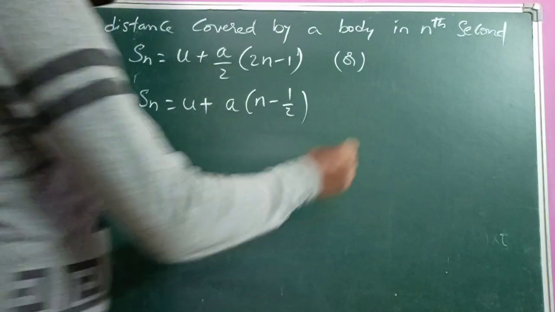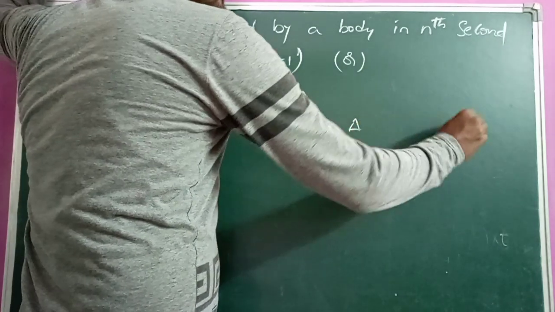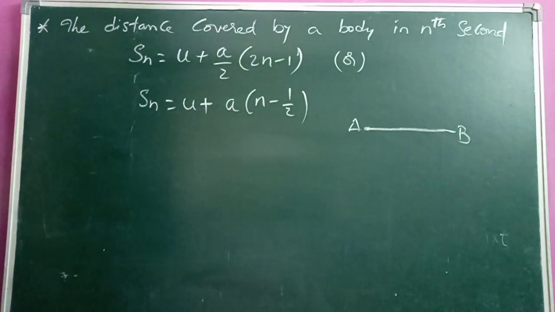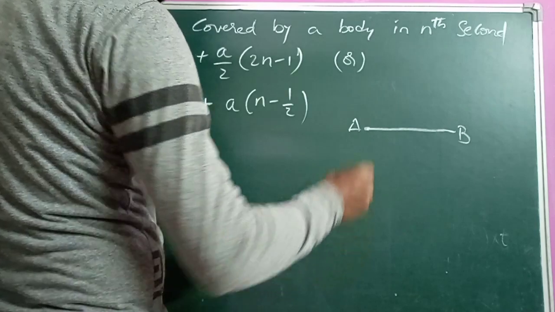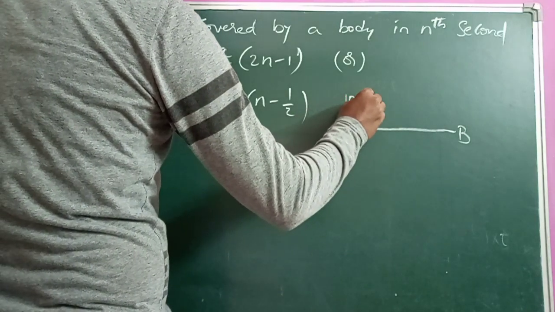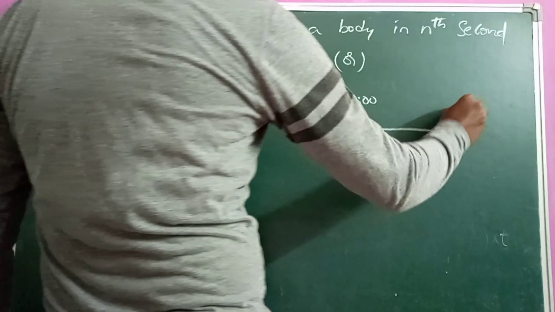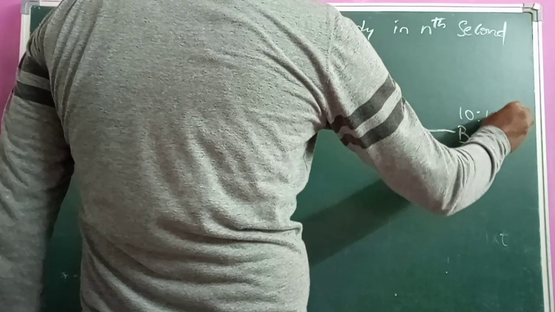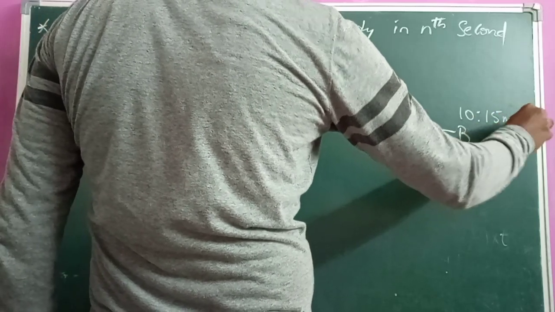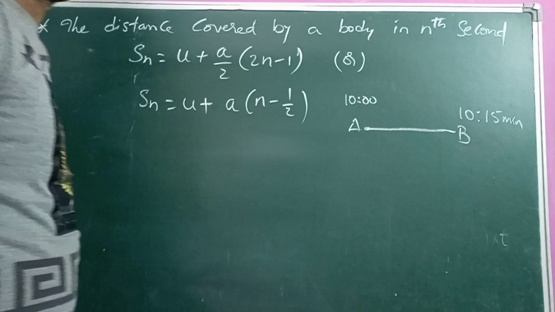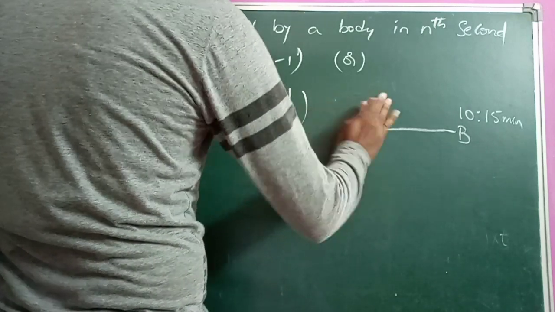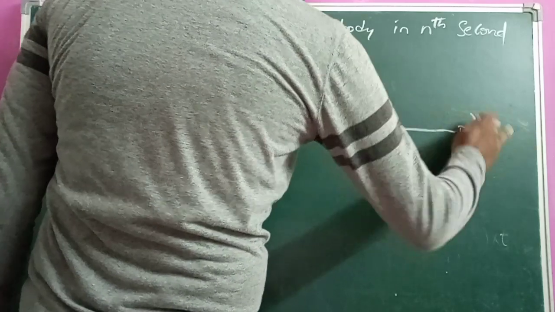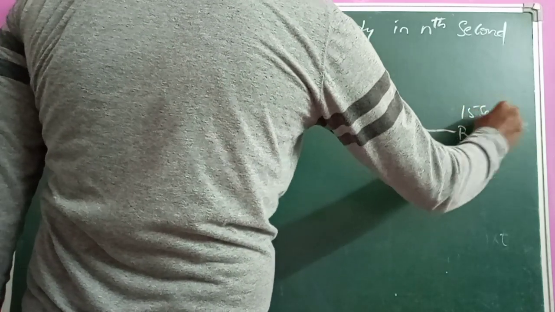For example, the body travels from point A to B. It starts from 10 a.m. and reaches B by 10 hours 15 minutes, or simply, starting from 0 seconds, to reach B it took 15 seconds.